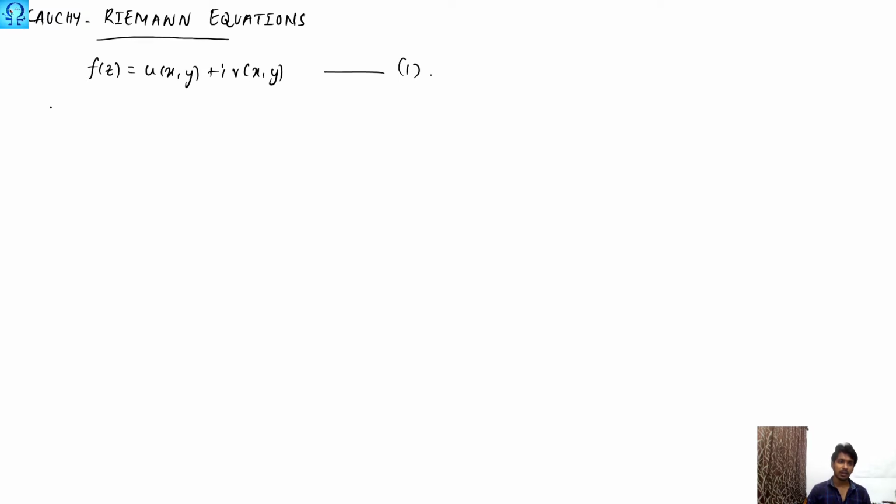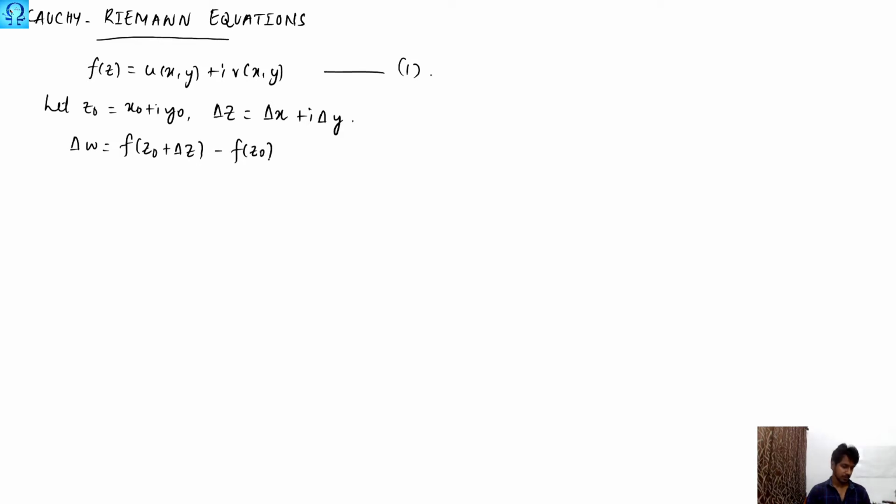Let us start by writing z naught as x naught plus iota times y naught, and delta z as delta x plus iota times delta y, and we shall write delta w as f of z naught plus delta z minus f of z naught. So this is nothing but u of x naught plus delta x comma y naught plus delta y minus u of x naught y naught.